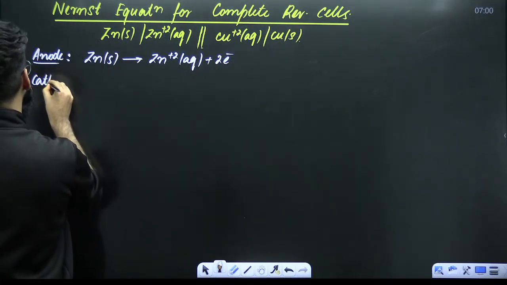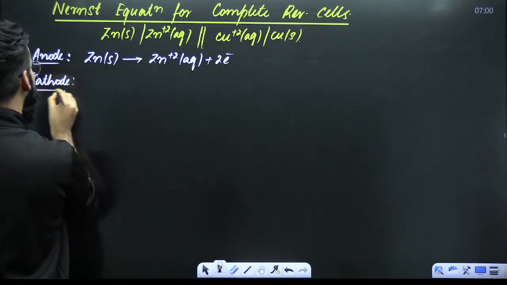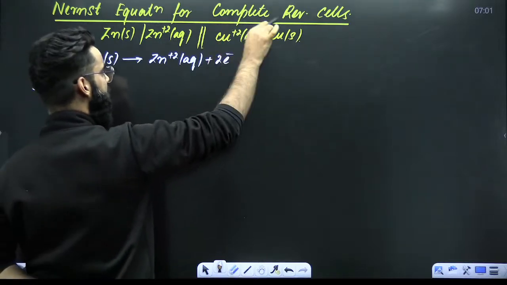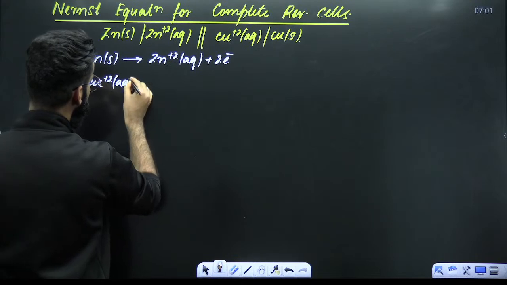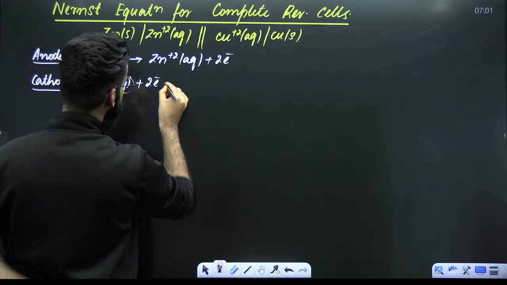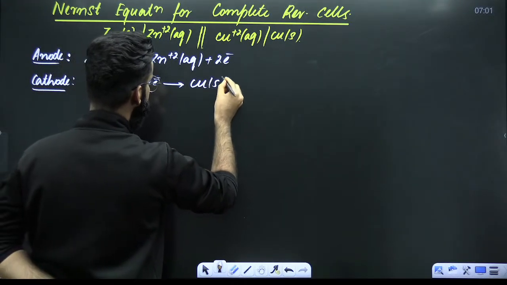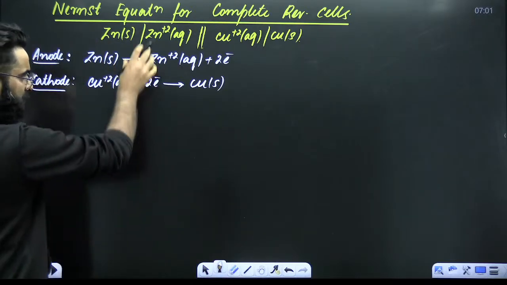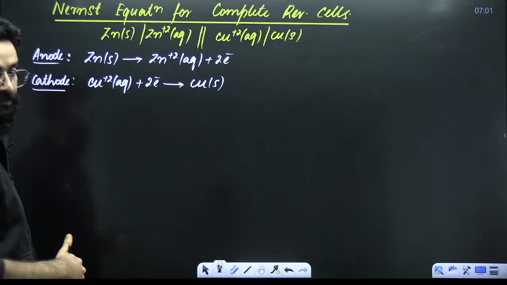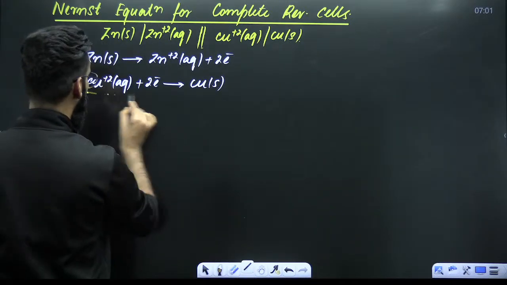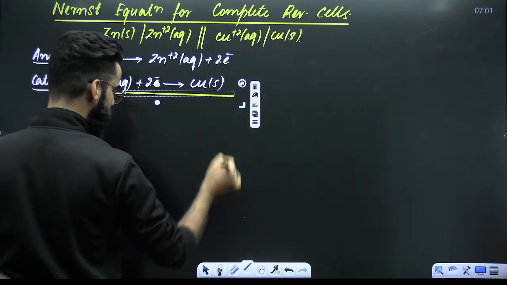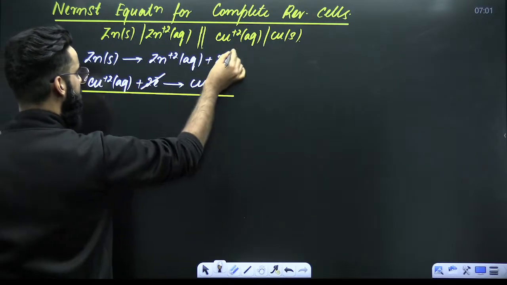Similarly, what about the reaction at cathode? At cathode, reduction takes place. Copper dipositive aqueous plus 2 electrons gives copper solid. Now, in both the reactions, electrons are balanced, so you can directly add these 2 reactions. The 2 and 2 get cancelled.